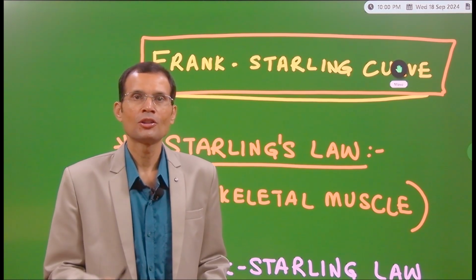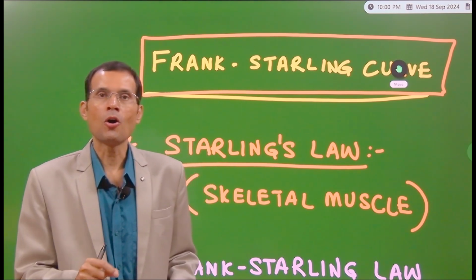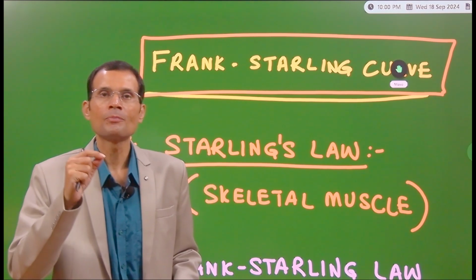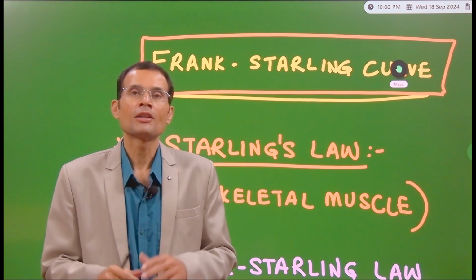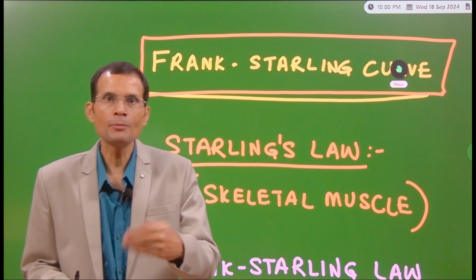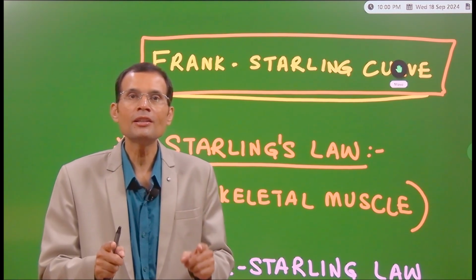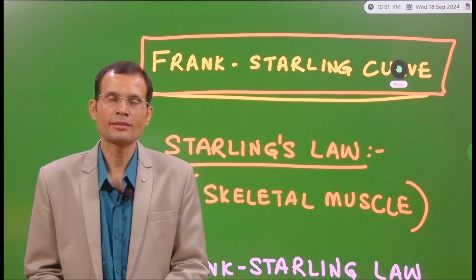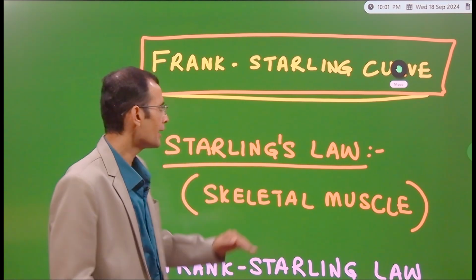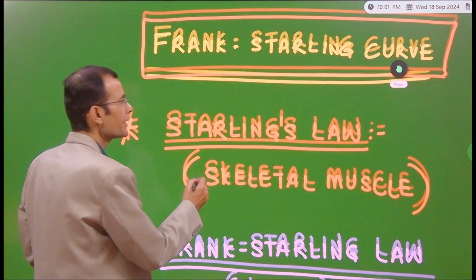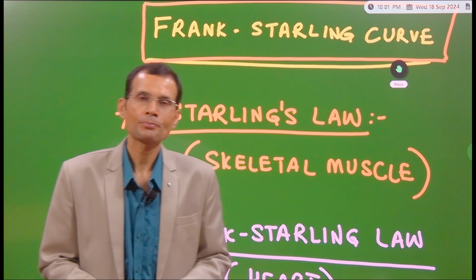Initial length of the muscle or of the muscle fiber or of the sarcomere. All right, and add three more words in the end: within physiological limits. I'll tell you the importance of these last three words, but let's understand in detail this Starling's law.